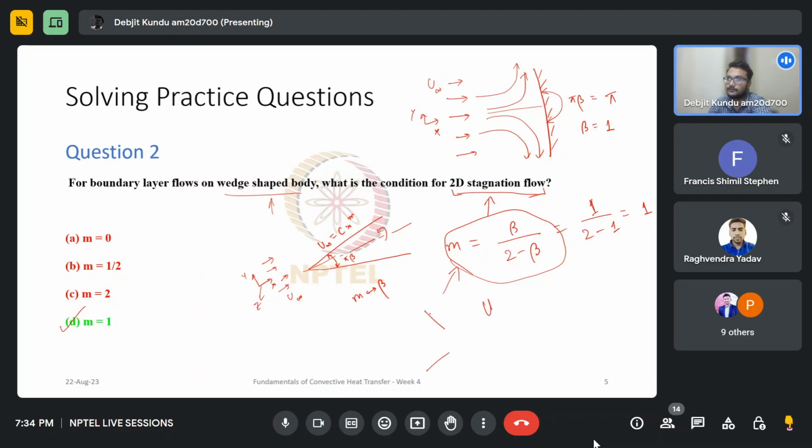In that case, what would happen? If I have a flow like this, the flow would converge like this, right? And this would be the included angle then, pi beta. Beta would be greater than 1.